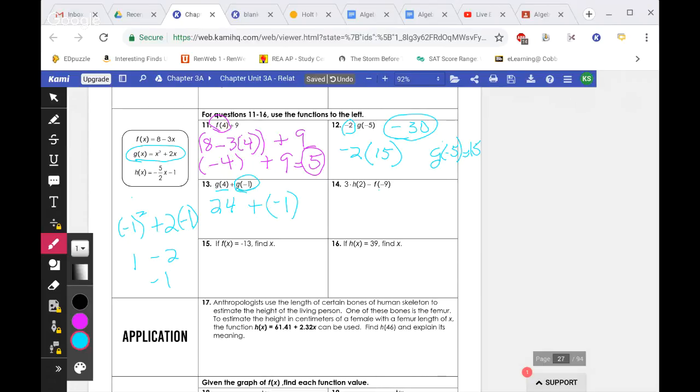I'm taking each of those values and adding them together, which would then give me 23. So when it says g of 4 or g of negative 1, it's asking what is the value of the function g defined at each one of those values.